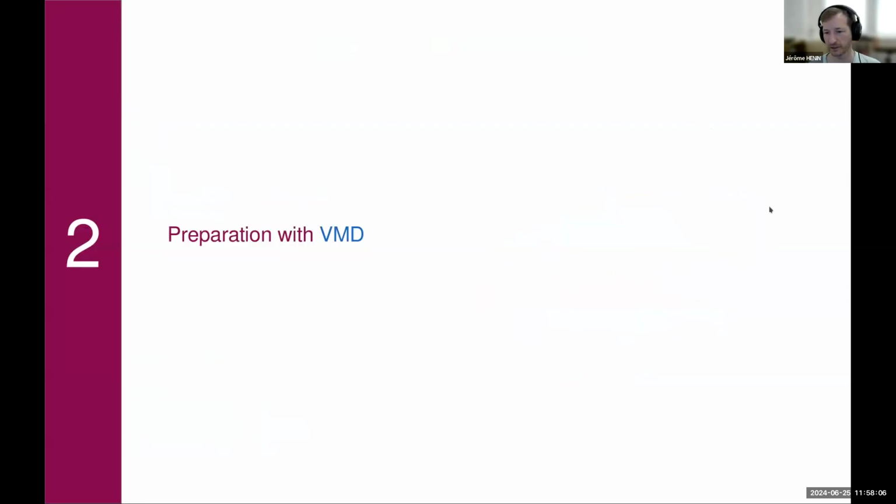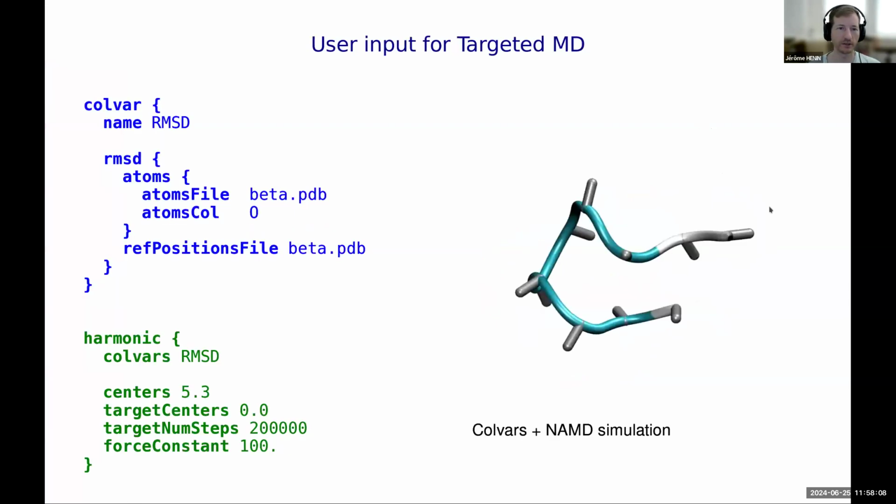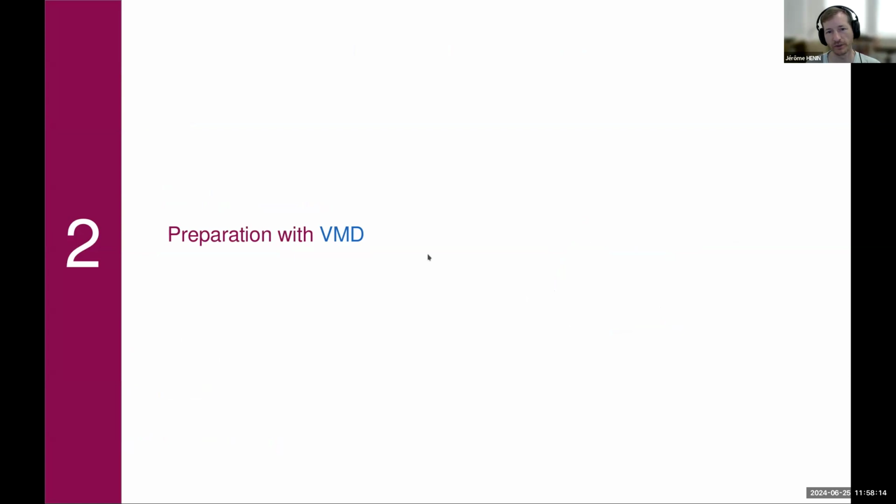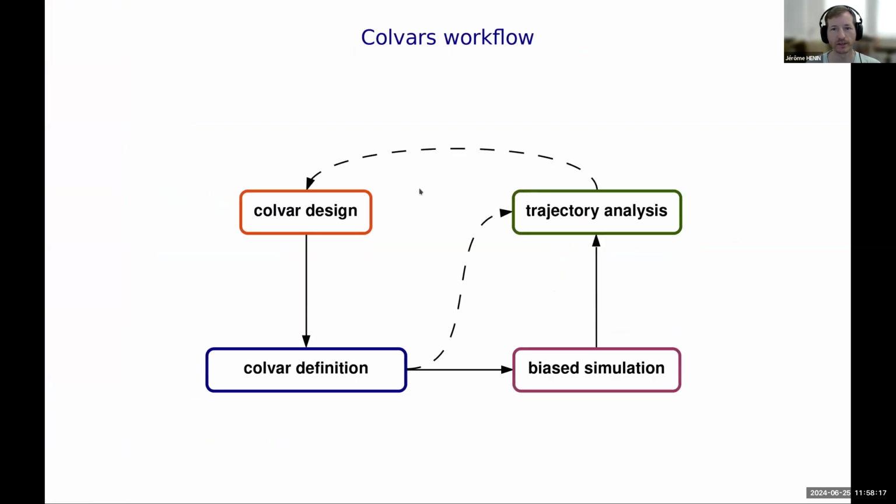All right, so now how do I prepare this in practice? You know, it takes a lot of work to get this written exactly the right way. So can I use VMD to make that easier? So now I have my Colvars workflow, and then I might change my mind about the variable. So sometimes, you know, analyzing the trajectory will give me ideas about better variables.